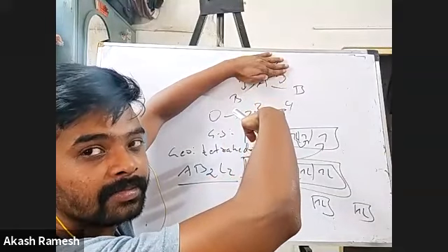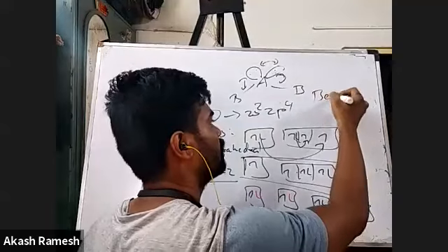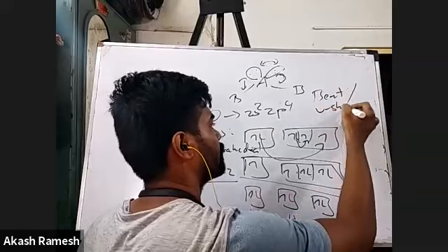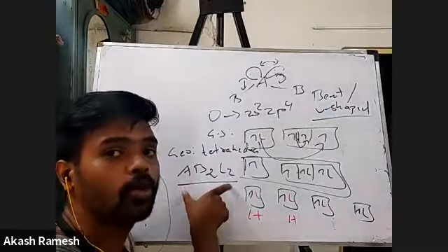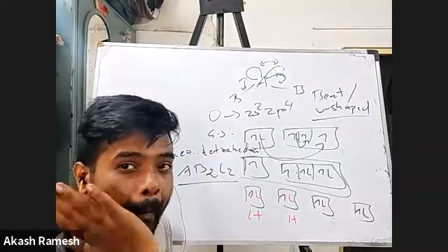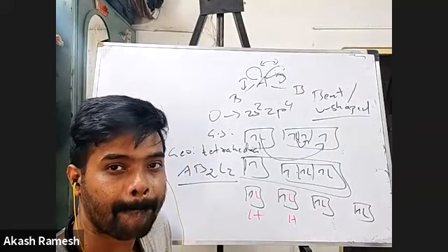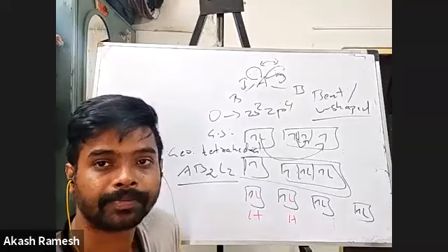Bent. Yes, the answer is bent or V-shaped. So remember, whenever I have AB2L2, it is bent. For one more type also we saw bent. What was that? For what type did we see bent?